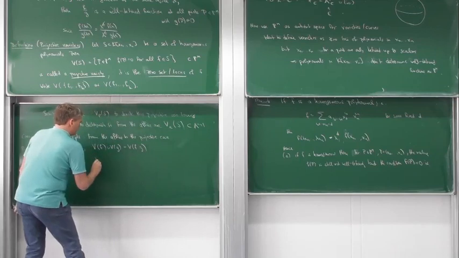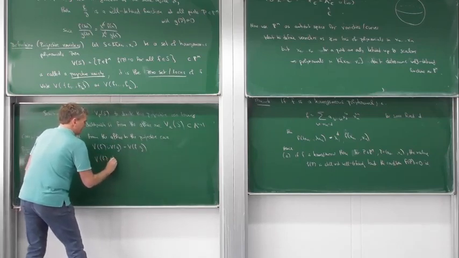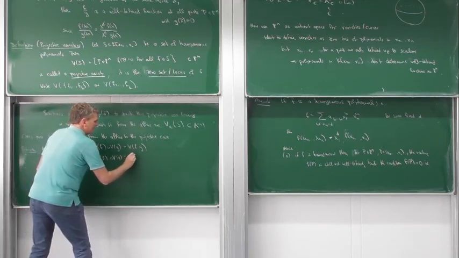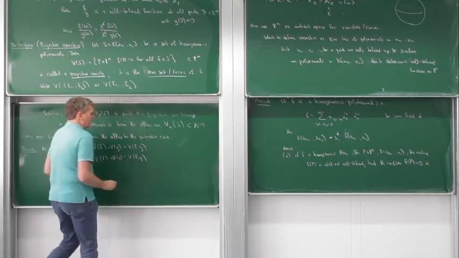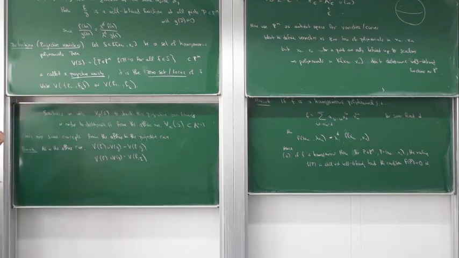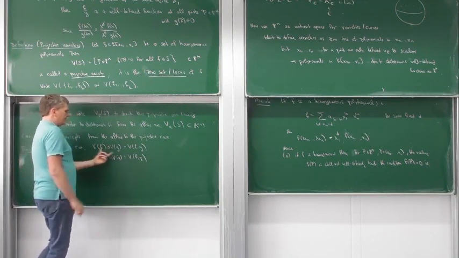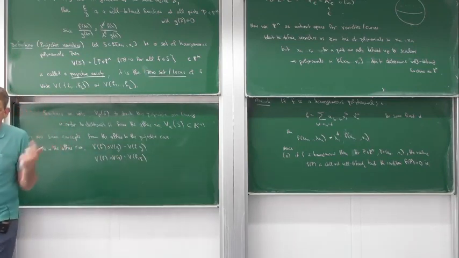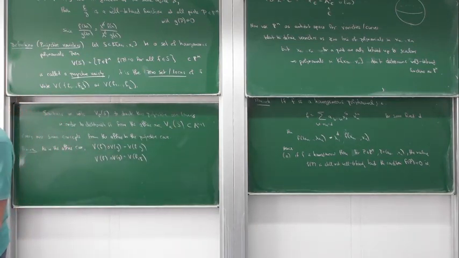That's the same as before, and V of f intersect V of g would be V of f comma g. So that is something we had for the affine case for zero loci of one polynomial, and that holds in the very same way in the projective case.